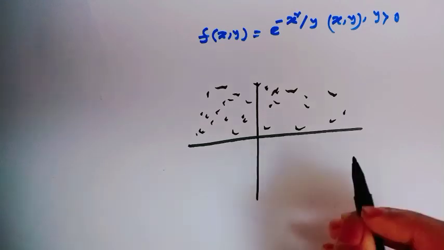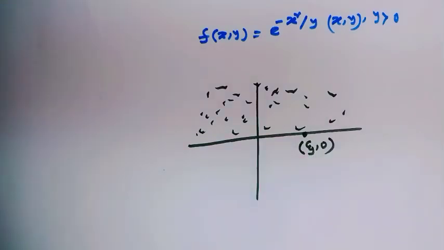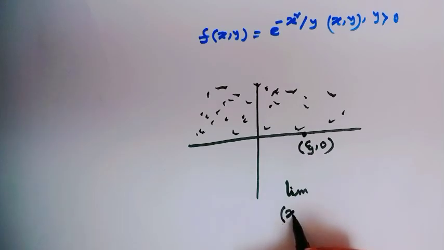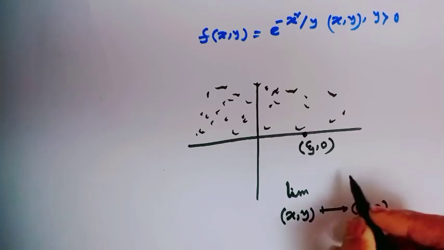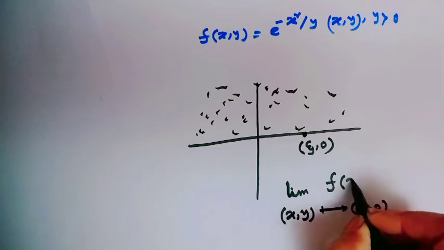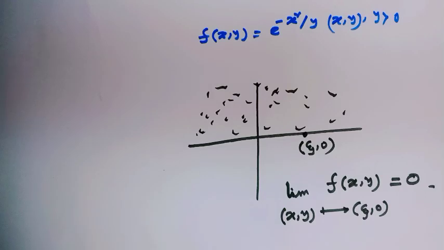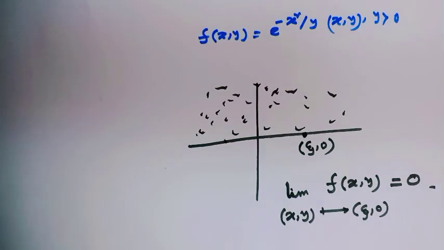If you take any point here, say (x0, 0), what will be the limit? The limit as (x,y) approaches (x0, 0) of f(x,y) would be 0. Similarly, if you consider a point on the negative side of the real line, this limit also approaches 0.